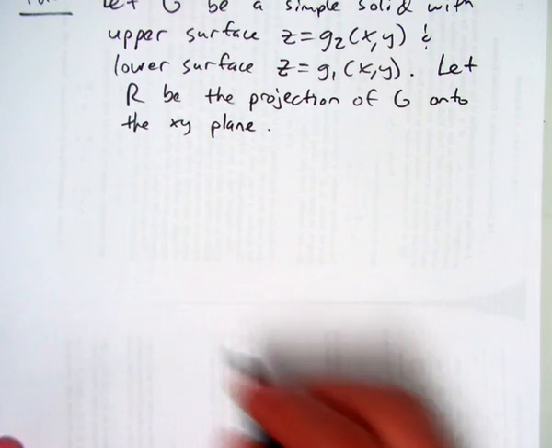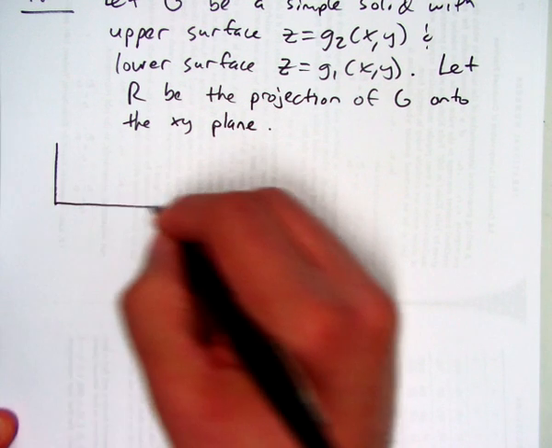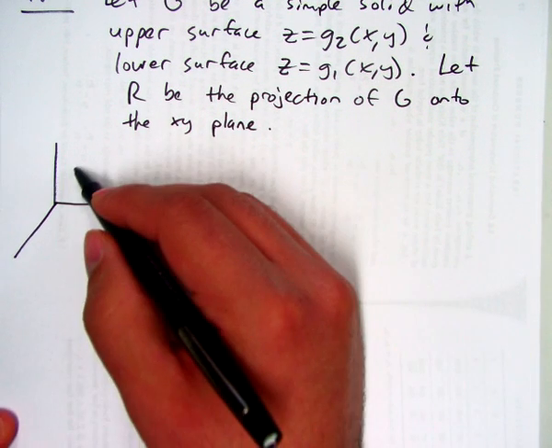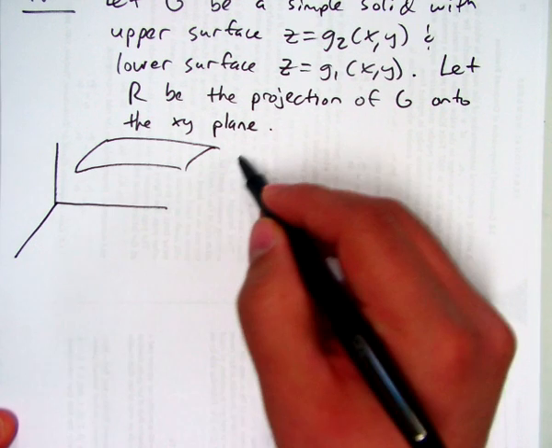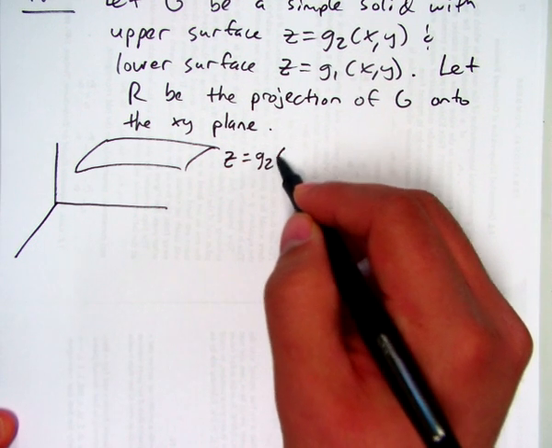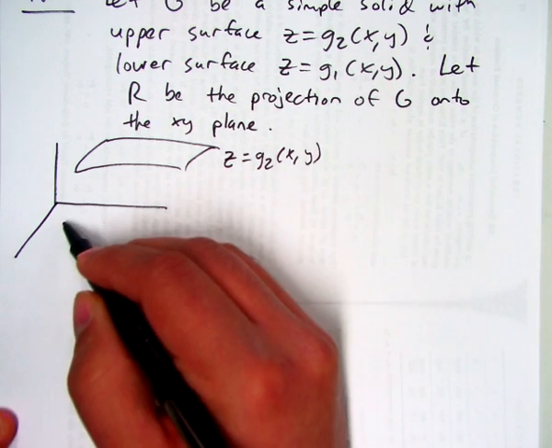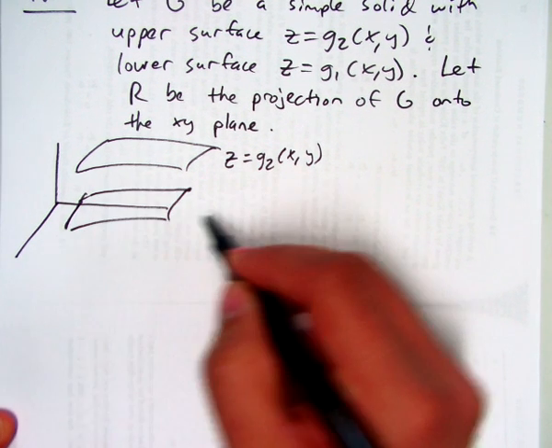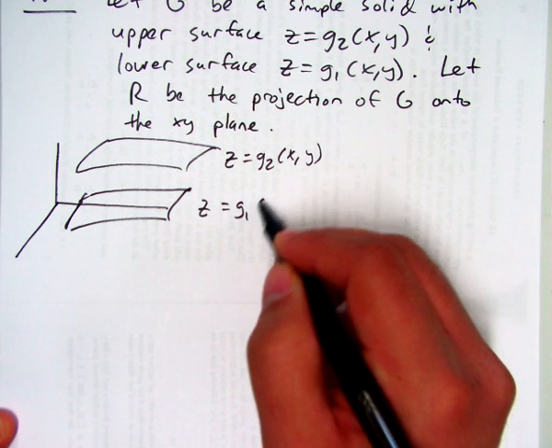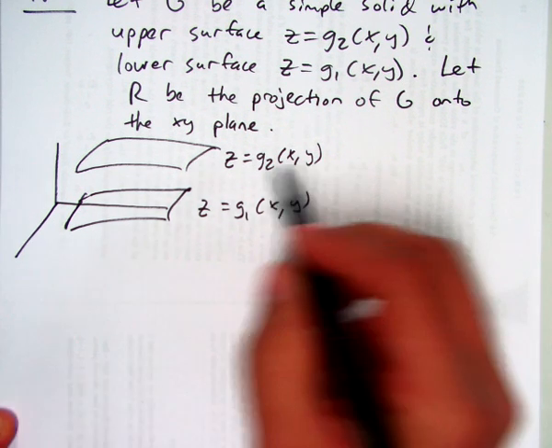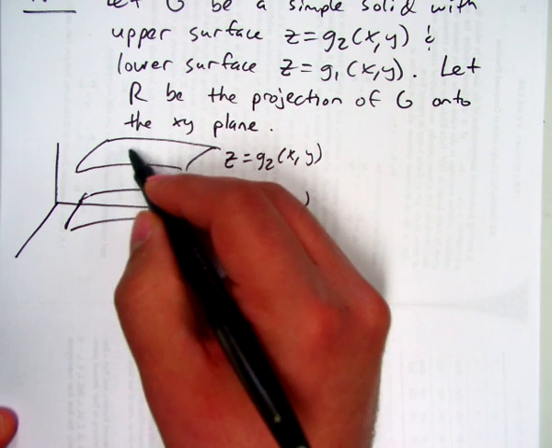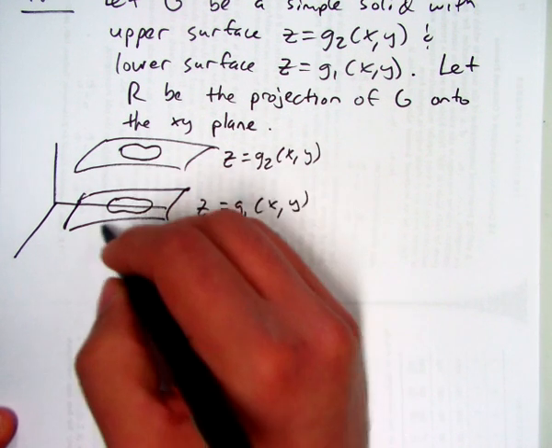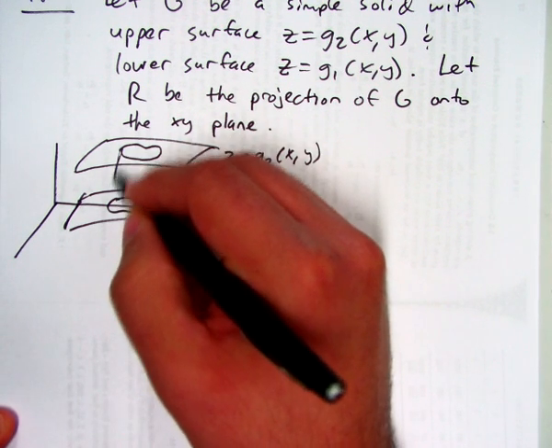So this is the picture we're talking about. You have some upper surface, you have some lower surface, and now the solid G can be contained between these two surfaces.